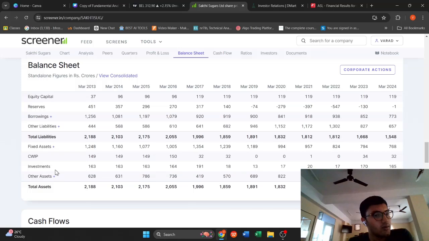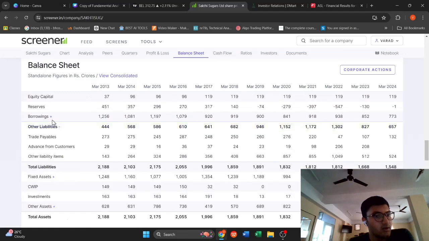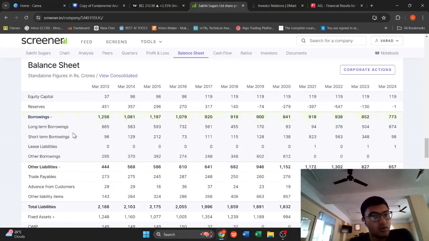So let's see total liabilities, other liabilities, the short-term liabilities. The company has short-term liabilities of 98 crore rupees. That is the amount of money that they have to repay this year. So what we'll see in liquidity analysis is whether the company has enough money to repay its short-term liability.